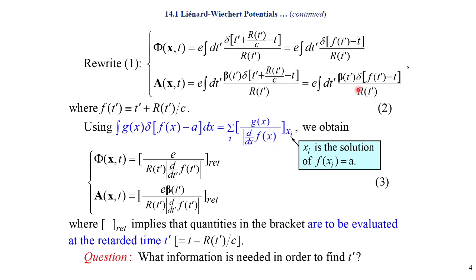And what's next? Next, we can use these properties: the integral of g of x delta of f of x minus a dx. g of x is evaluated when f of xi equals a. That is evaluated at this point. So we have the absolute value of the derivative, summed over all the derivatives, but in fact we have only one value.